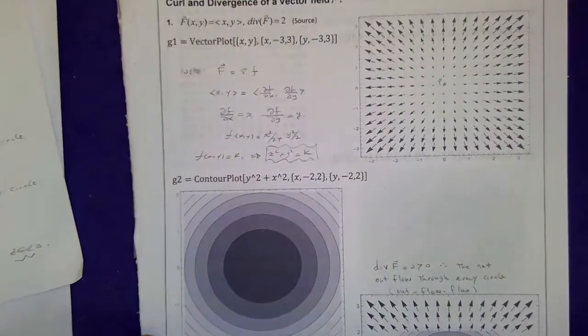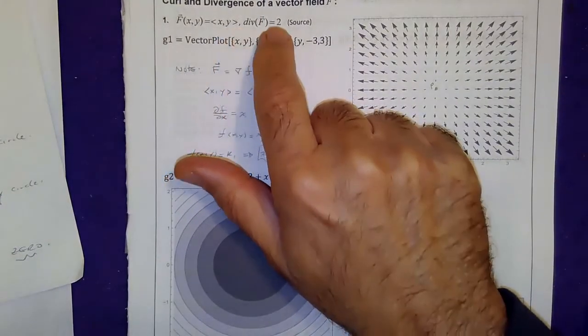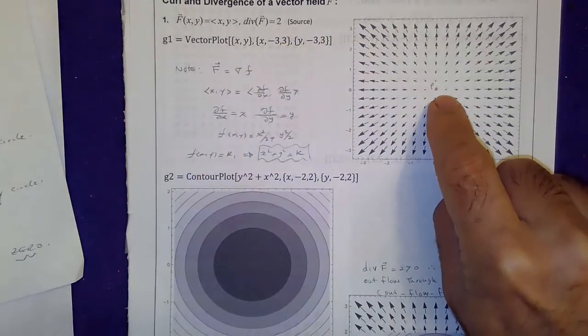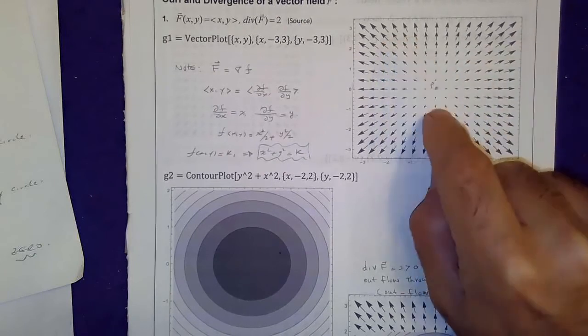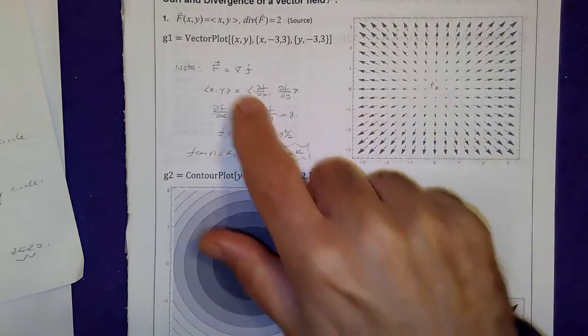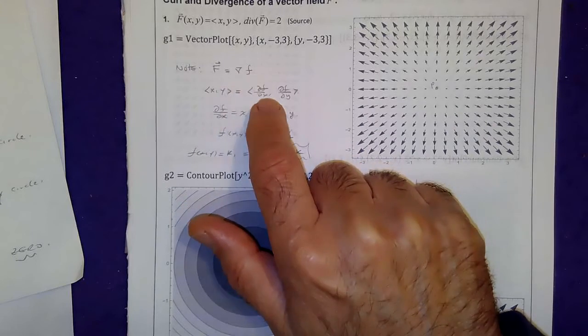Here are some interesting graphs for you. Notice here's the vector field (x, y). The divergence is 2, so it's positive. So therefore, point P is called a source. Notice the field is divergent from the point P. Now remember, F was the gradient of a scalar function f. Remember, we called that the potential function.